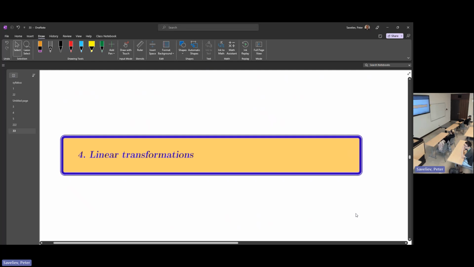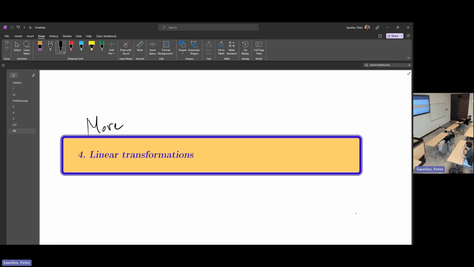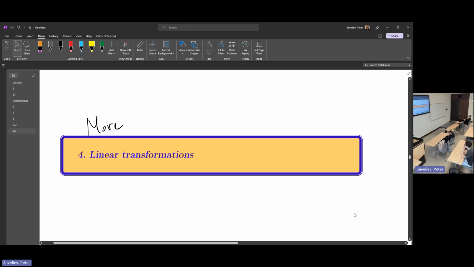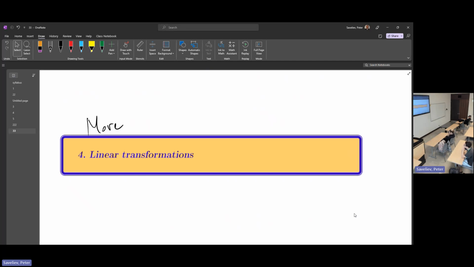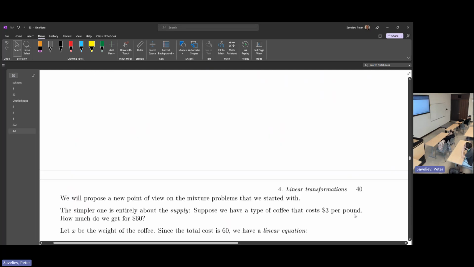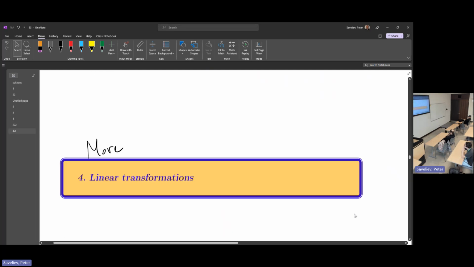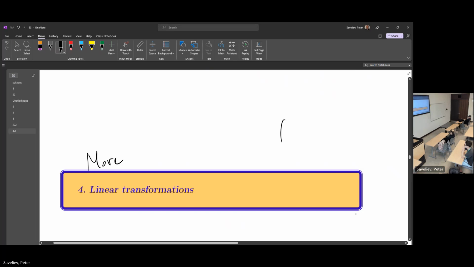Okay, so let's look at more linear transformations. We have had some, and now we're going to concentrate specifically on linear transformations. One of the somewhat dramatic things that we're going to do is drop the shift.